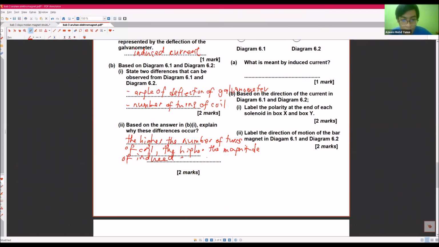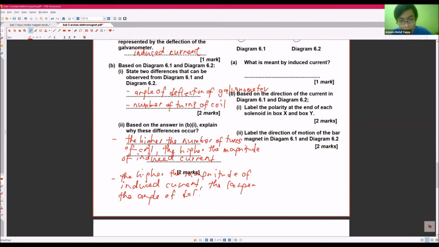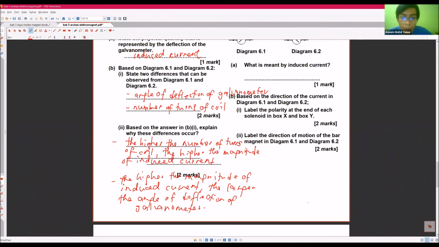So that is the first point. The second point, the higher the magnitude of induced current, the larger the angle of deflection of galvanometer.